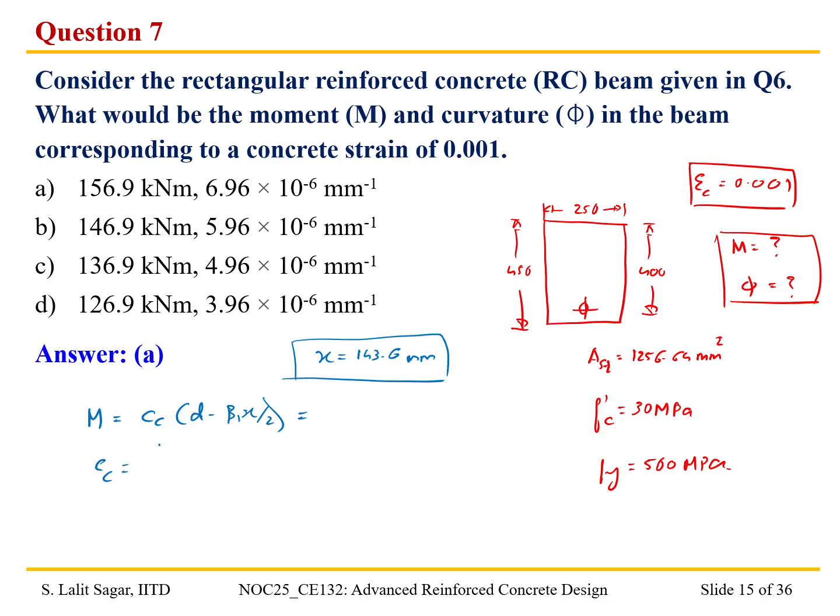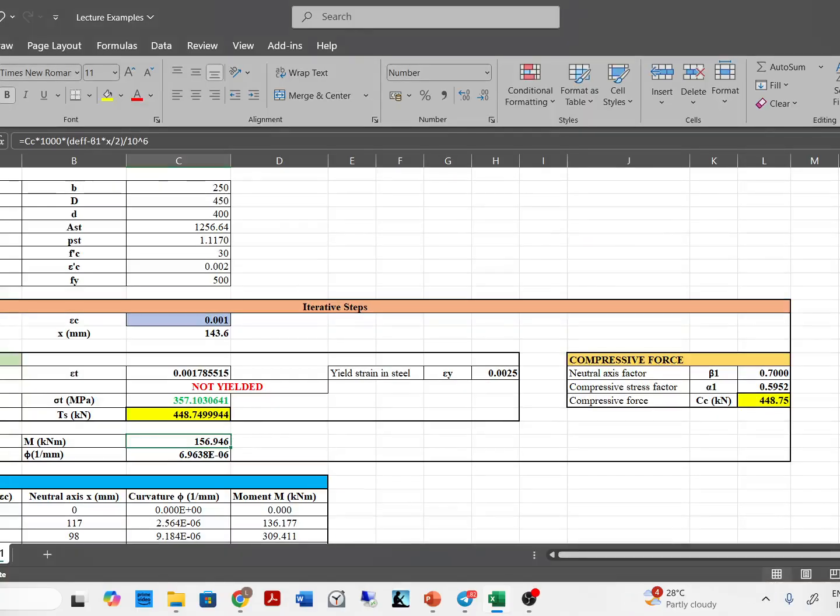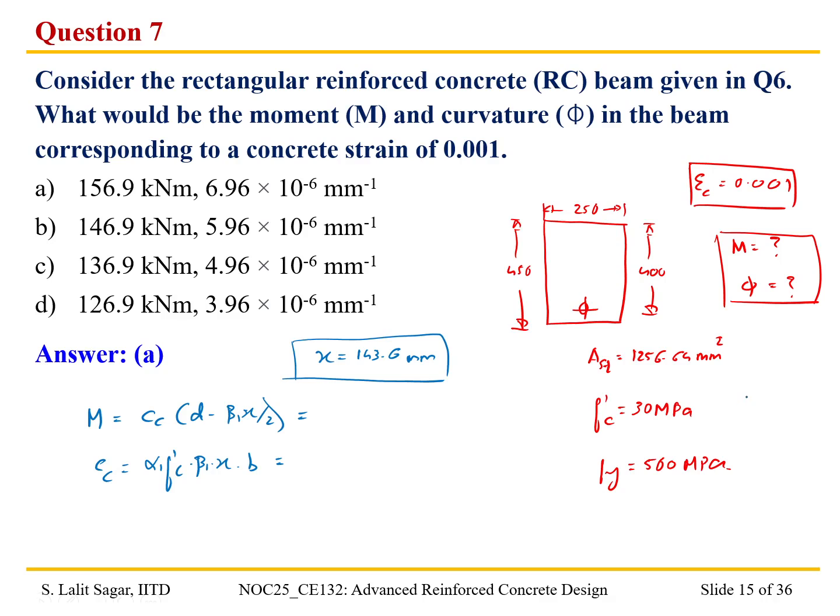So Cc is equal to alpha 1 into f prime c into beta 1 into x into b. So we get the value of Cc as per the Excel sheet, 448.75 kilonewton. Okay, and then we have d is equal to 400 millimeter.